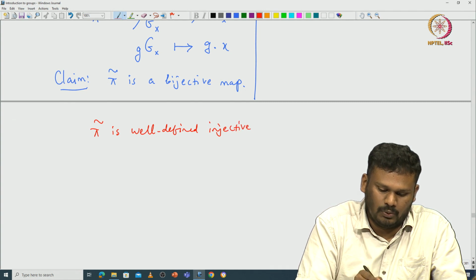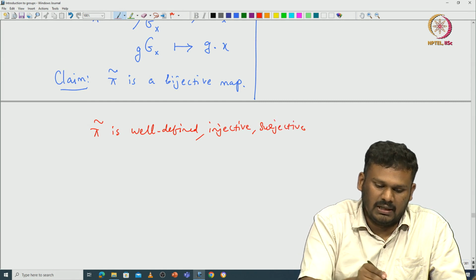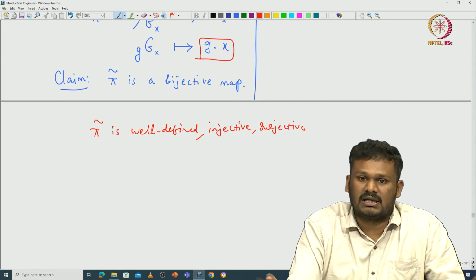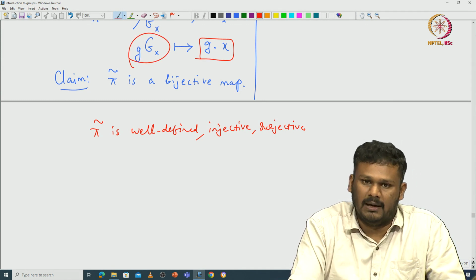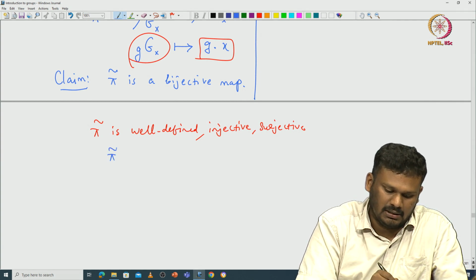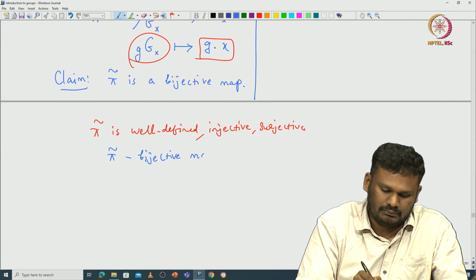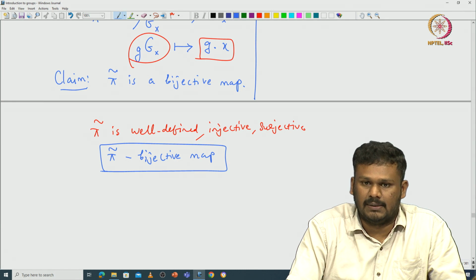That is what we proved. Now this is also surjective, because given any g dot x, you consider the respective coset gGx, which will be mapped to that. That means pi tilde is indeed a bijective map. It is a purely set theoretic map, and this is just a bijection.